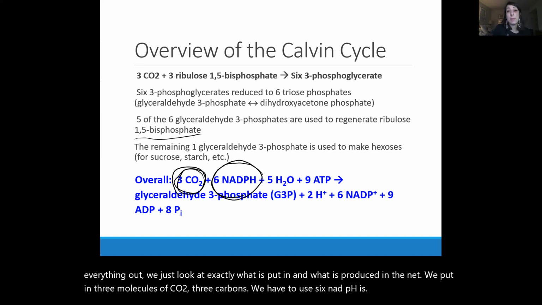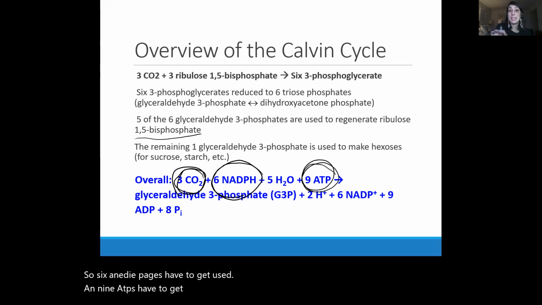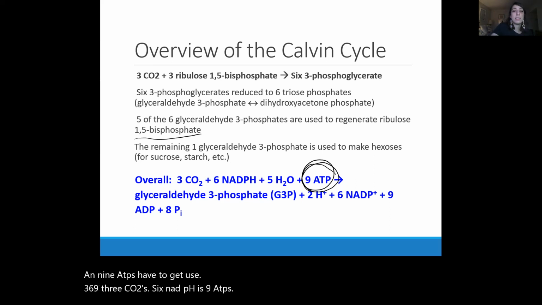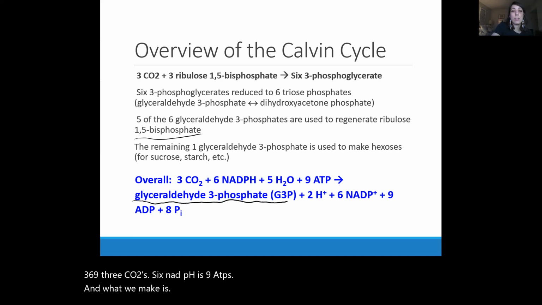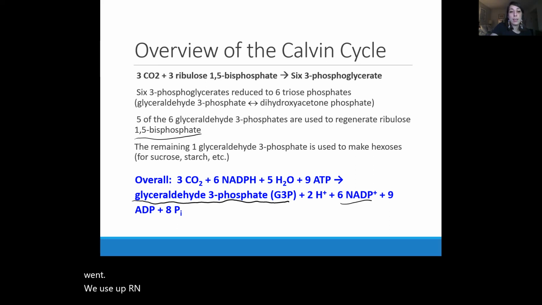So 6 NADPHs have to get used and 9 ATPs have to get used. 3, 6, 9. 3 CO2s, 6 NADPHs, 9 ATPs. And what we make is a glyceraldehyde 3-phosphate. That's a 3-carbon molecule. That's where our CO2s went. We use up our NADPH into NADP, and we use up our ATP into ADP.